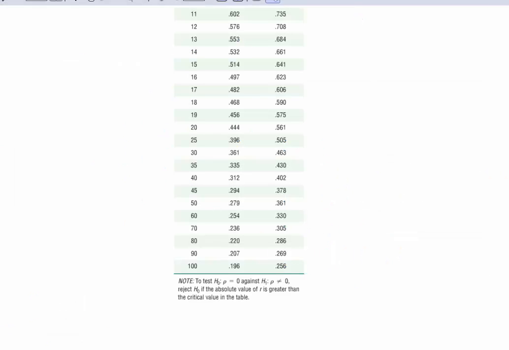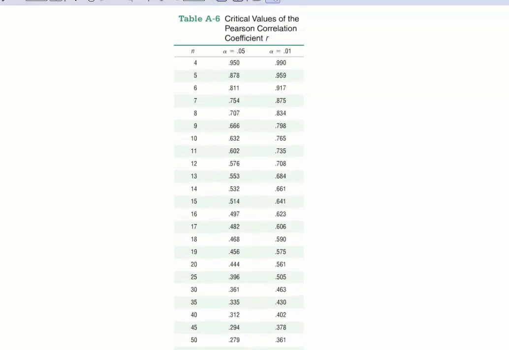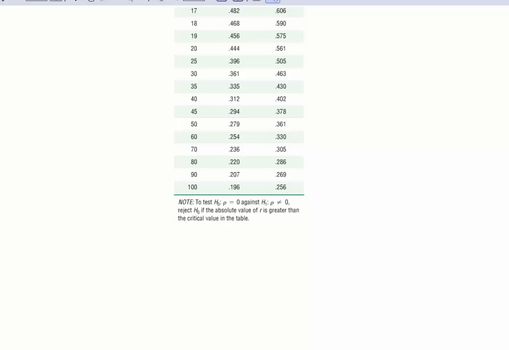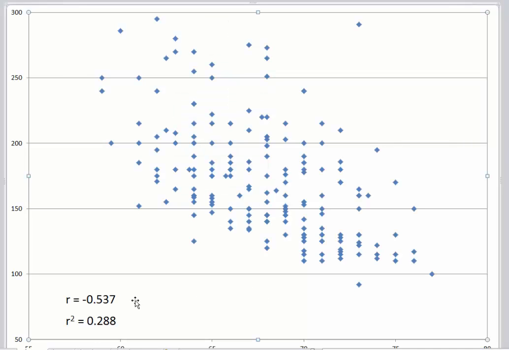If we look at our table of critical values, again it's plus or minus 0.196. We've got the value of negative 0.537, which is beyond the critical value. So we could say there's some evidence of linear correlation in these two variables, x and y. The coefficient of determination is 0.288, so 28.8% of the overall variation of the y values can be explained by the relationship between x and y.